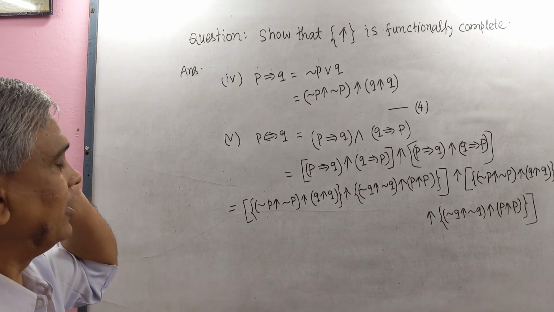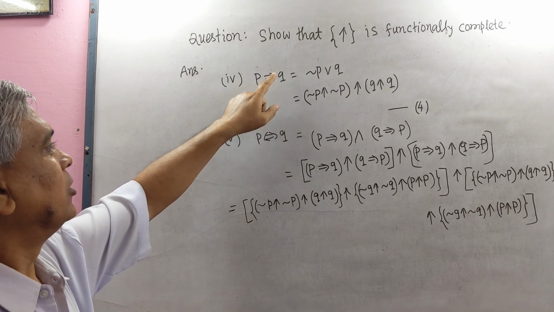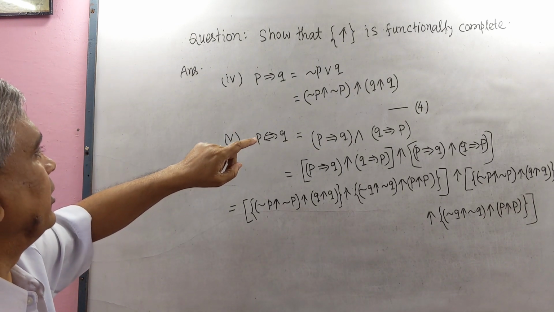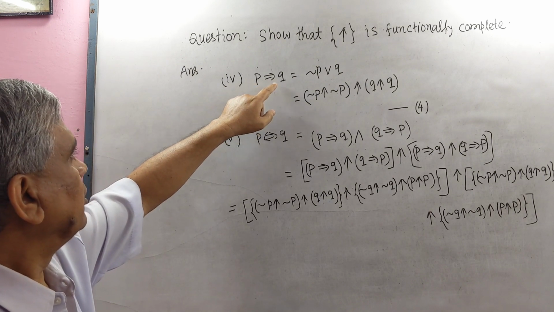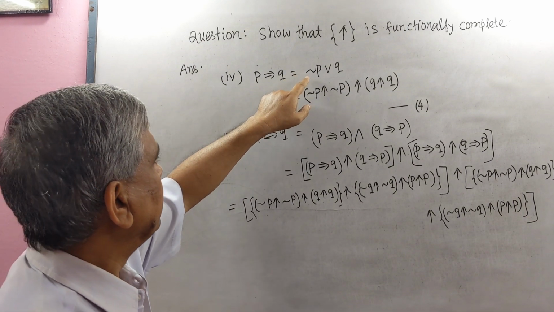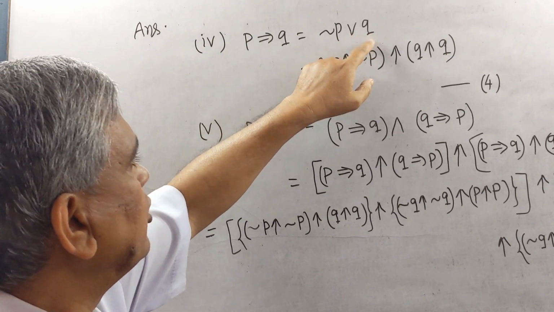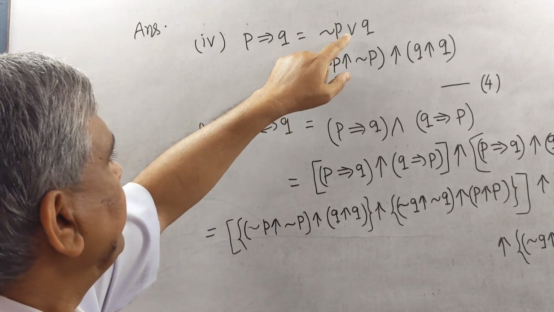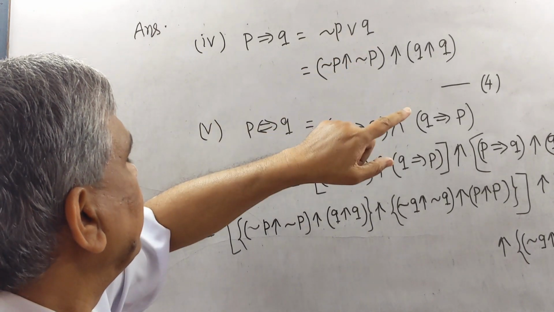Now we shall express implication in terms of NAND. So here we get P implication Q equal to negation P disjunction Q, and we have seen the disjunction in terms of NAND.